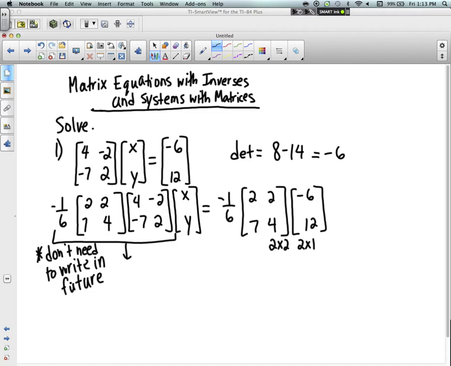Now when you multiply something by its inverse, you just get the identity matrix, which is our goal. So in the future, I'm not going to show that multiplying. I'm going to assume that I did the inverse correctly, and I'm just going to do the multiplying on the other side. Keep the fraction factored out until the end. It just makes it a lot easier to work with.